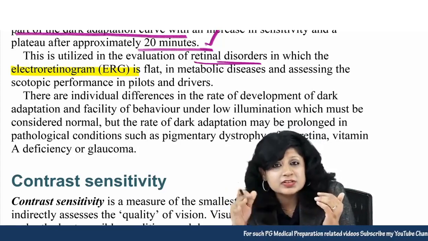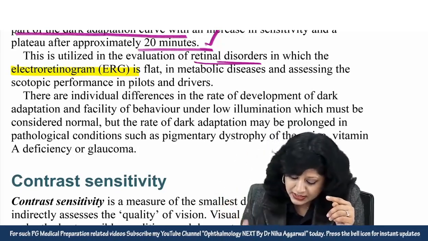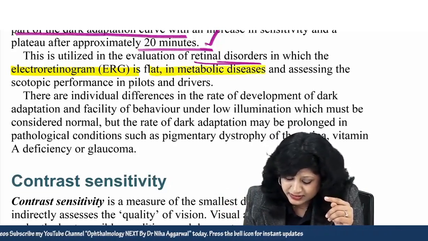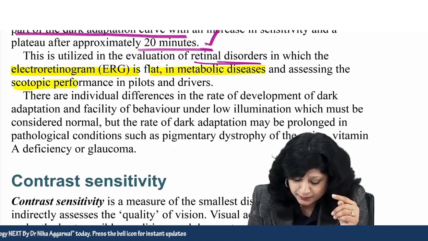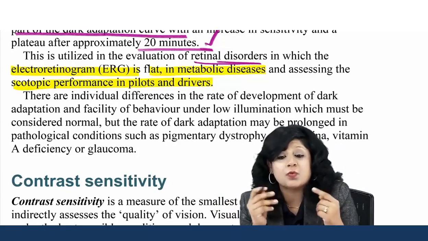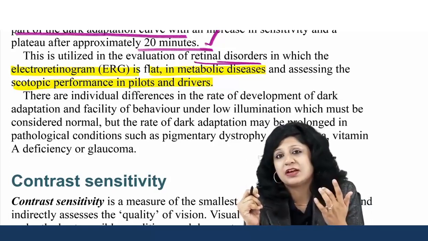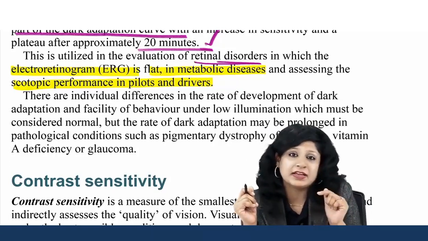So we can see both the curves and how much the disability is. It is flat in the metabolic diseases. It is also used for assessing the scotopic performance in pilots and drivers, where good sensitivity of the rods and cones is required. There also I can use this.